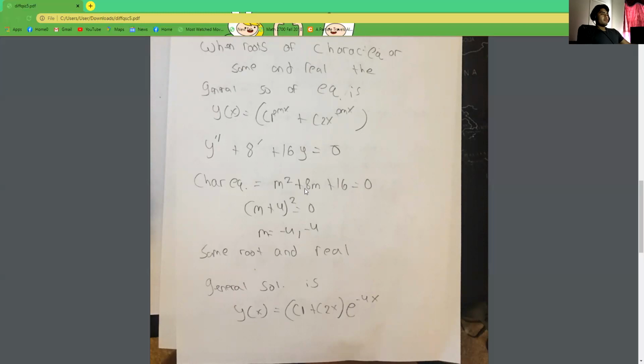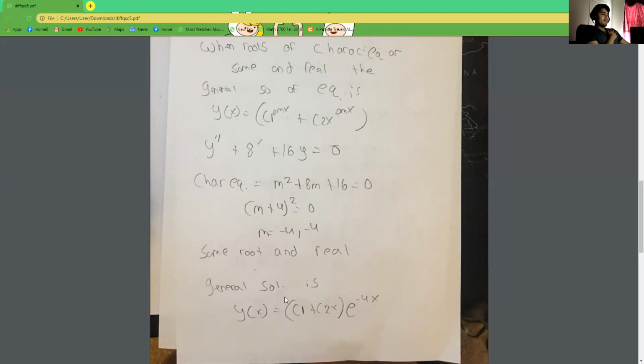So we get m squared plus 8m plus 16 equals 0. Then we solve that. So we get (m plus 4) squared equals 0. And then m equals -4, and then another -4. So that right there shows that we have the same roots. Well, same roots and real. I don't know why I said solution. I was reading solution when I read real.